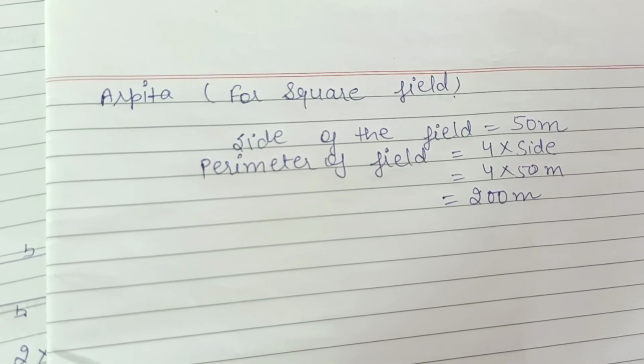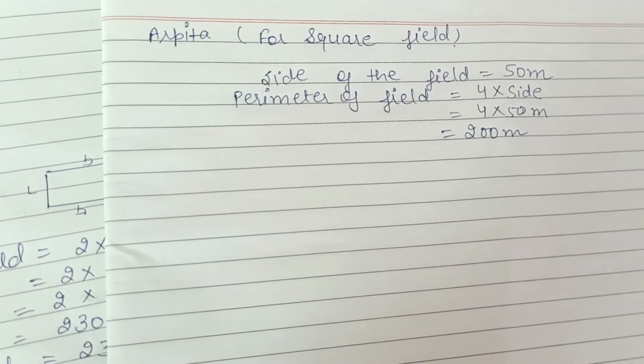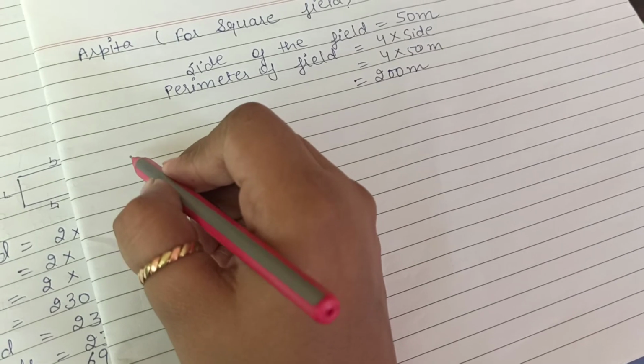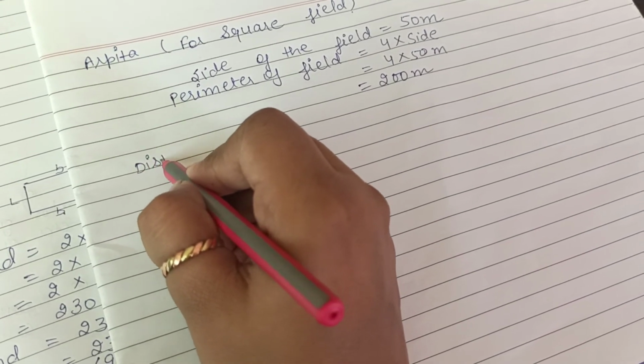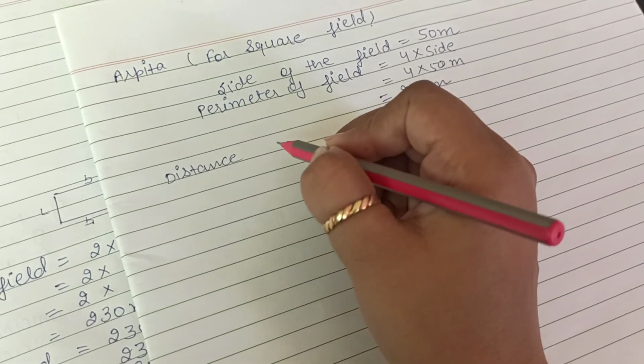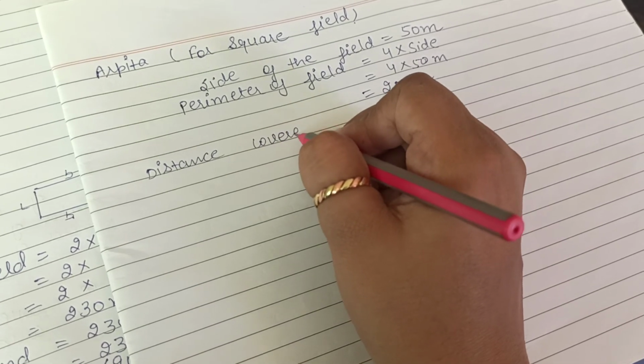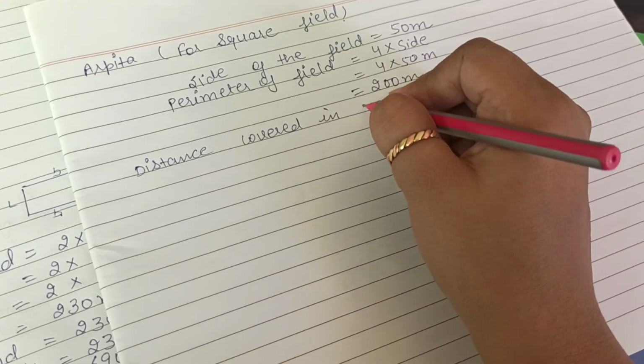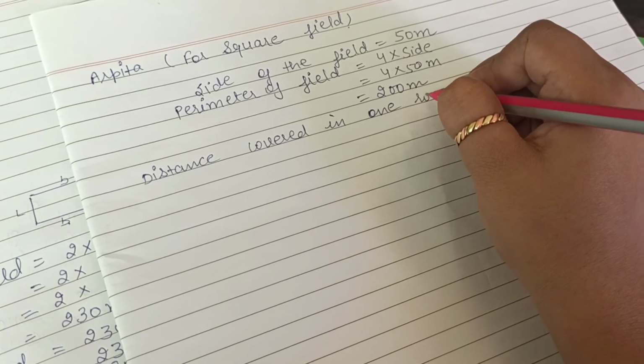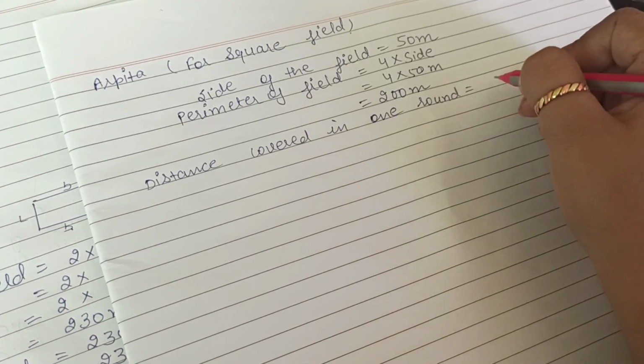Now Arpita takes 4 rounds. So same way, distance covered in 1 round. How much? 200 meter.